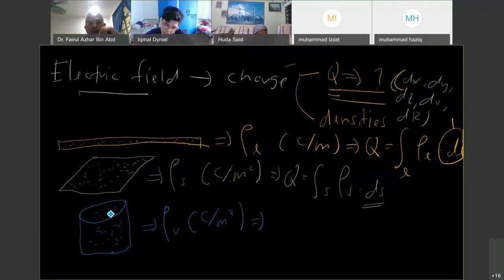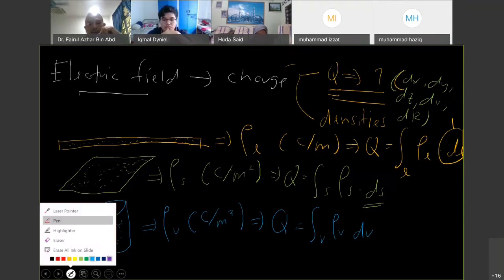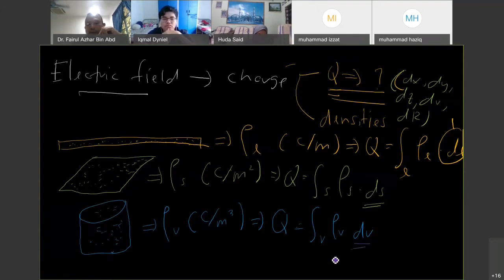To find how much charge exists in this volume, we need to perform a volume integration of rho v dv. Same as before, the expression for dv depends on the coordinate system.